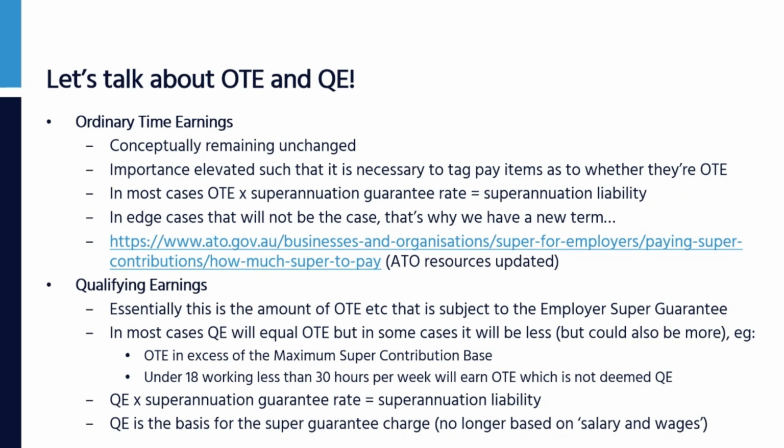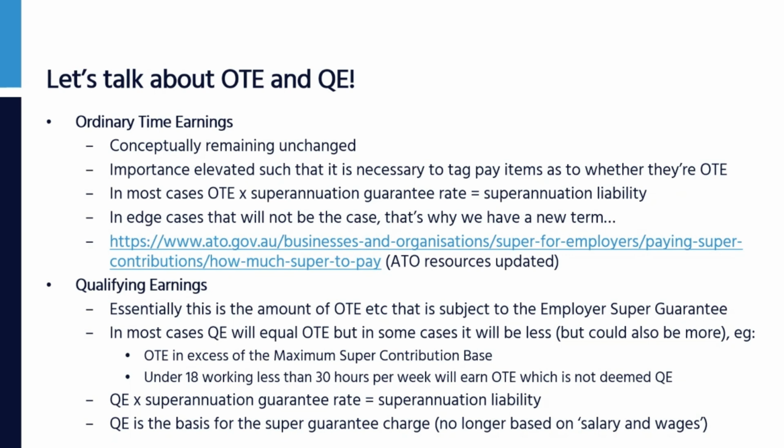We'll watch this space. Another one of the exceptions is an under 18-year-old person working less than 30 hours per week. So they'll earn OTE, but it won't be deemed qualifying earnings. This will hopefully be under the hood from your perspective, but it's just something to be aware of.